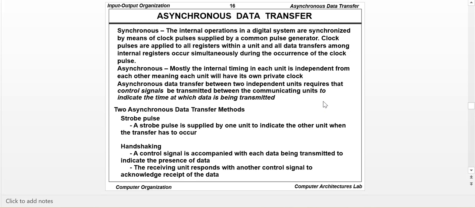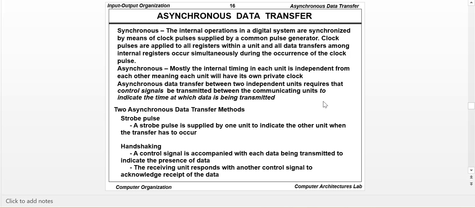A strobe pulse is one control signal, supplied by one unit to indicate to the other unit that valid data is present in the data bus. There will be a source unit and a destination unit, and along with the data bus there will be a strobe pulse also.